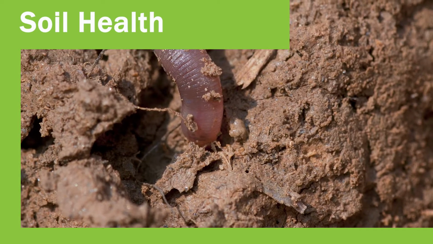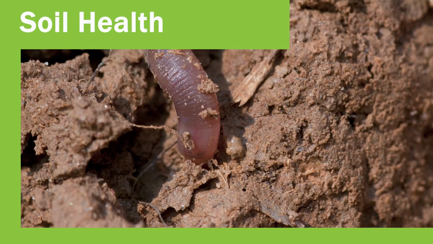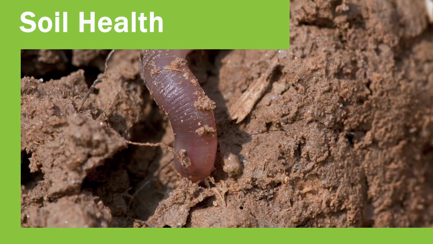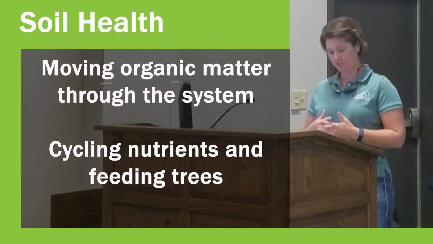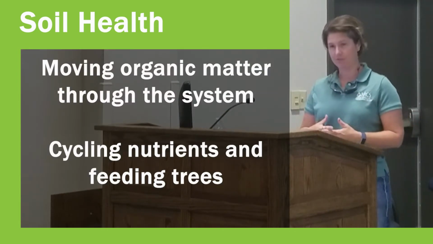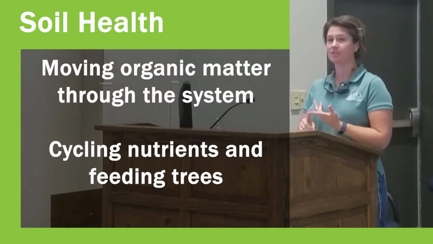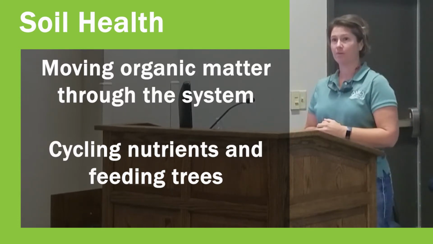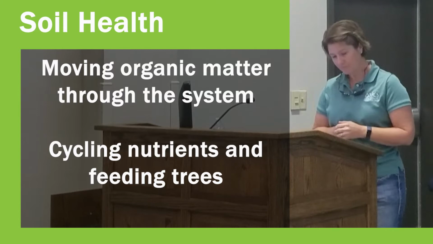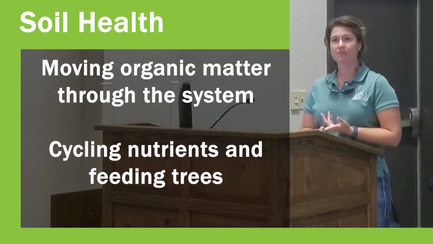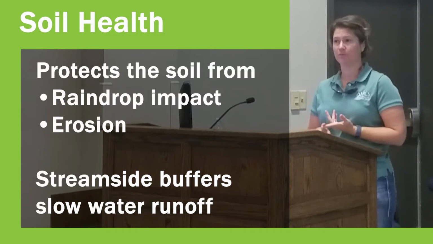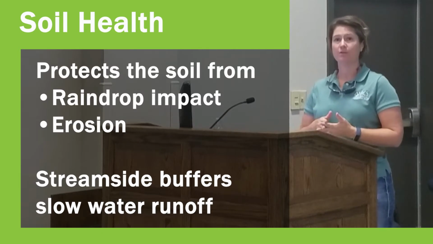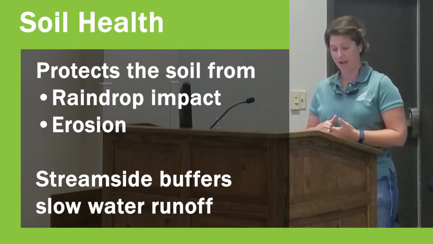As those tiny little buggies start eating the leaf litter, they start moving the organic matter through the system. They are cycling the nutrients. So that's how our trees still end up getting fed long term, because of what's going on on that forest floor. When the leaf litter is covering that forest floor, we're protecting the soil from raindrop impact.